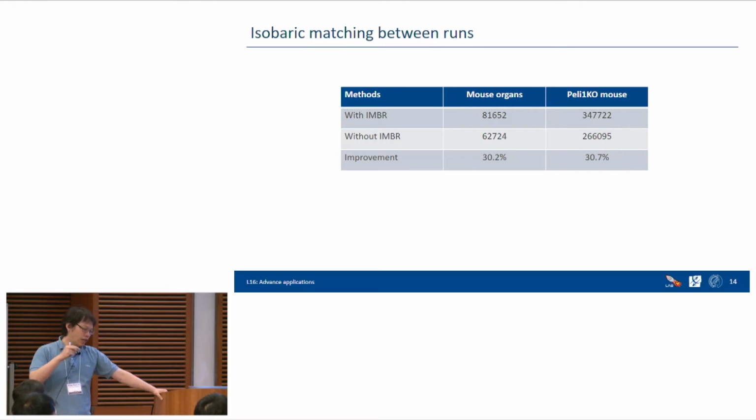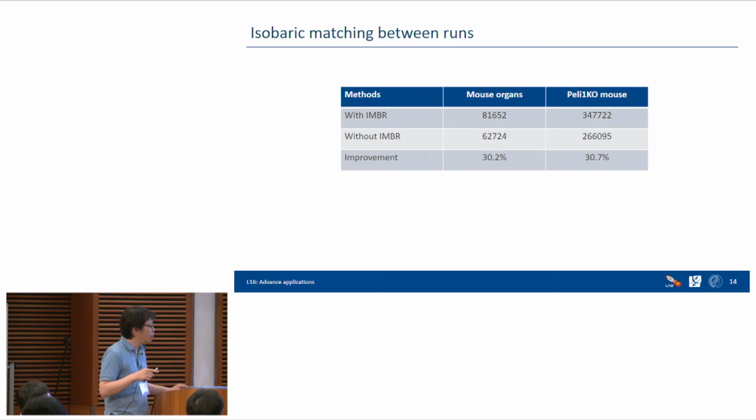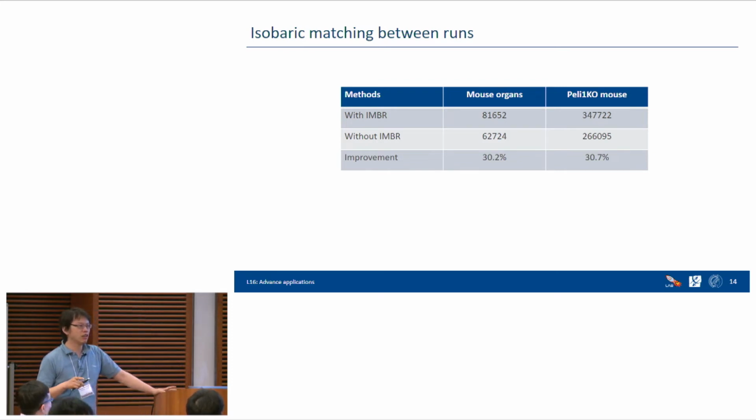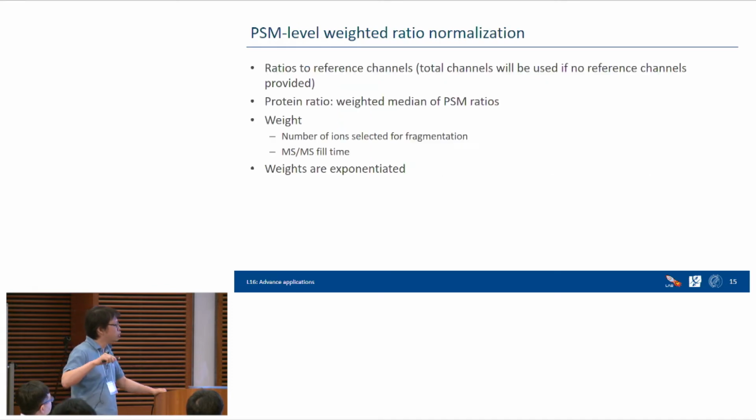Now I'll come to the method. I think you also saw this picture already. It's the match between runs. There's no identification here, but here we identify, and then we can match that. This is at the MS1 level. But TMT labeling is at the MS2 level, so we have a new match run called the isobaric match between runs. The idea is also similar. You can see there are 2 runs. At the MS1 level, they actually look exactly the same.